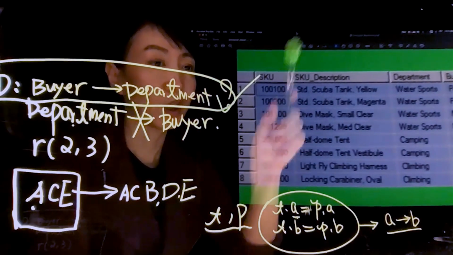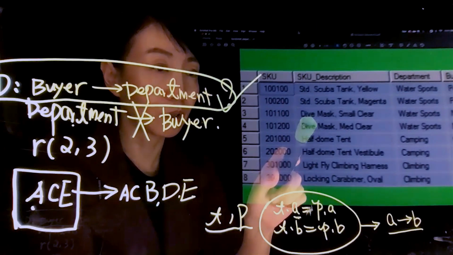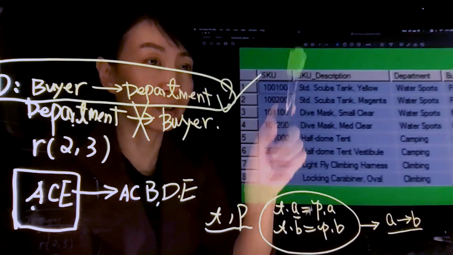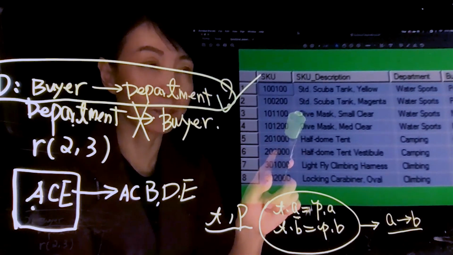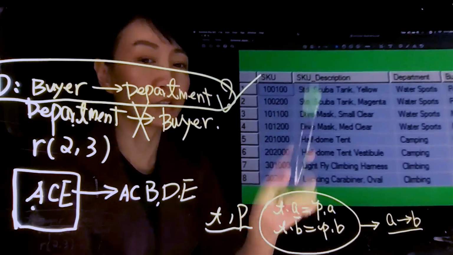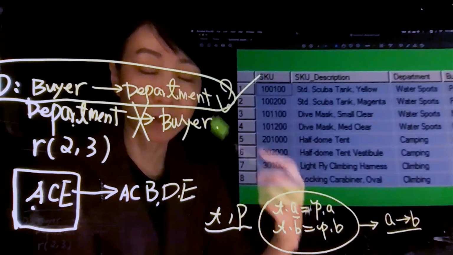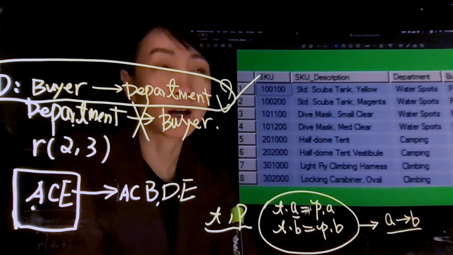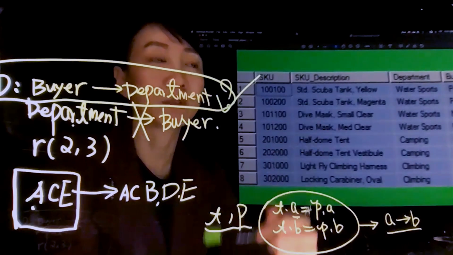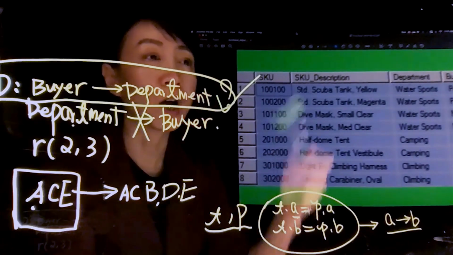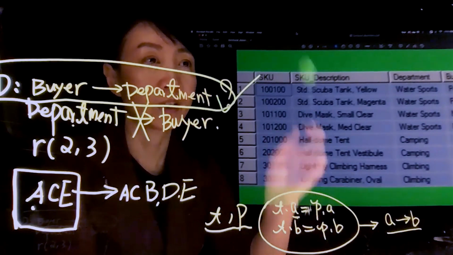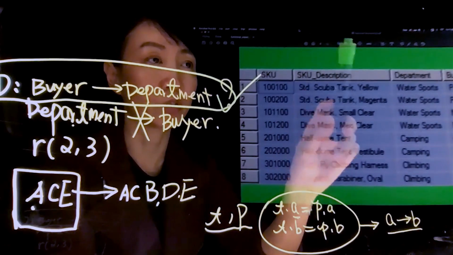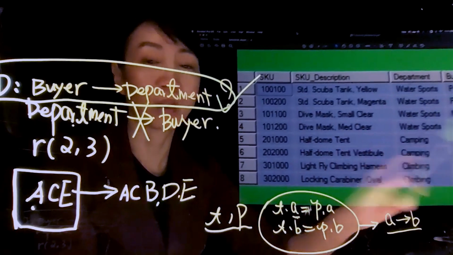The skill, we have all the skills, they're unique, right? And if the skill is unique, that means if we did have 2 rows with the same skill, they must have the same skill description. However, in this case, it's unique. So skill determines the skill description, department, and the bio.